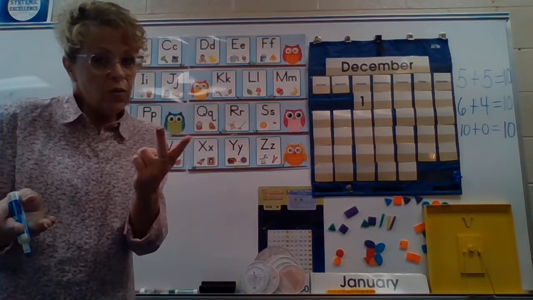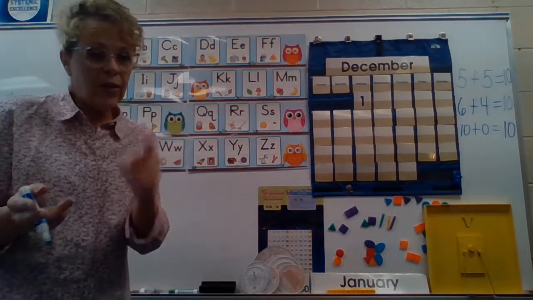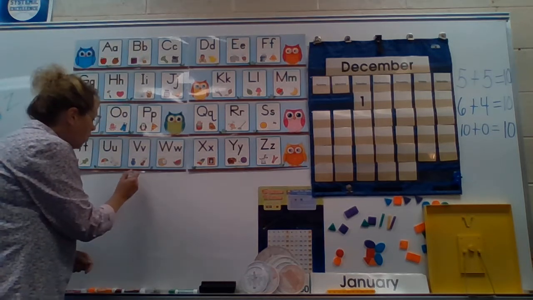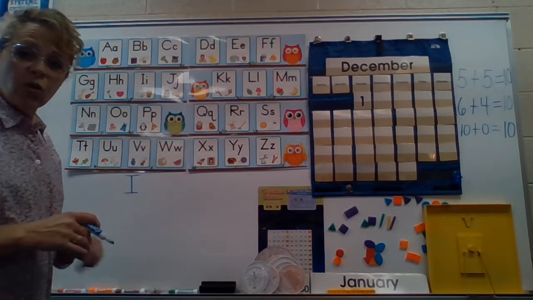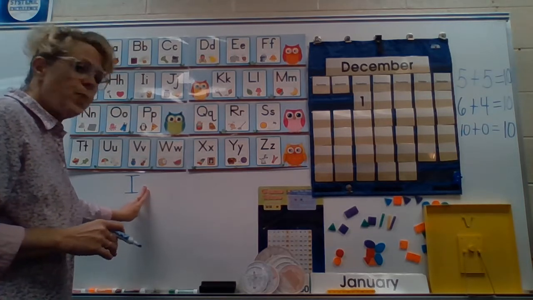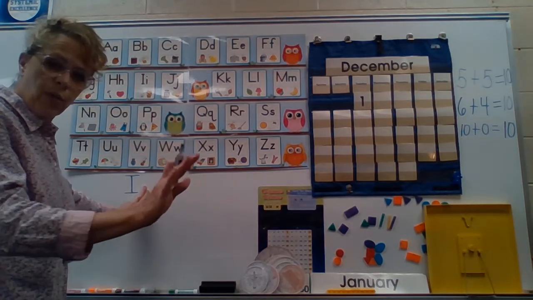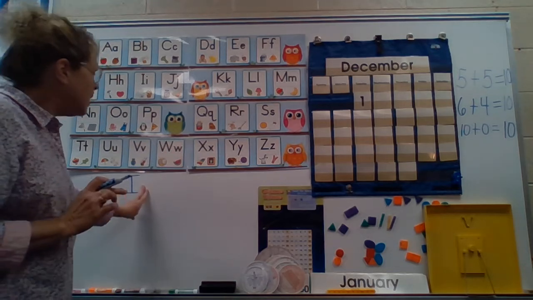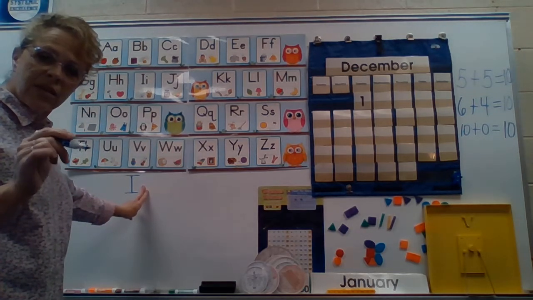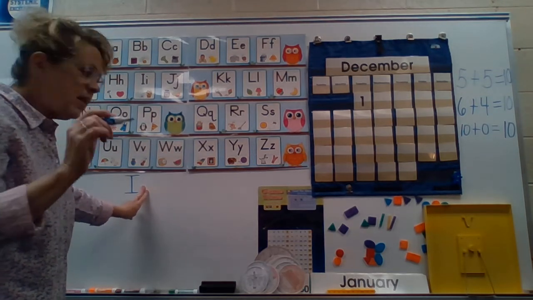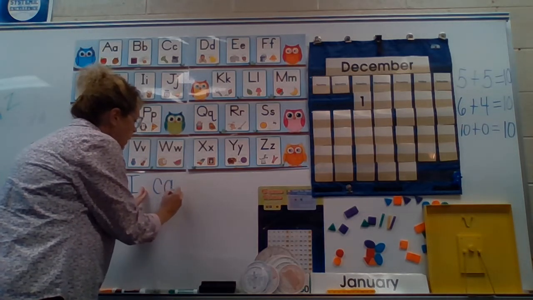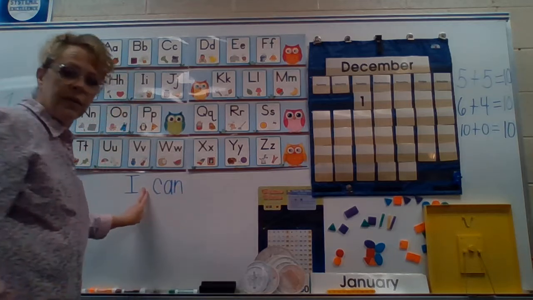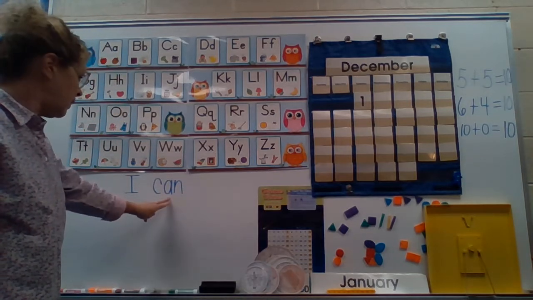Those are 2 really good reasons to use a capital letter. So let's write a capital I. And then you're going to leave that nice 2-finger space because you don't want to run your words together. You'll be able to read it. Then can. What does can start with? A C. C. A. N. I can.